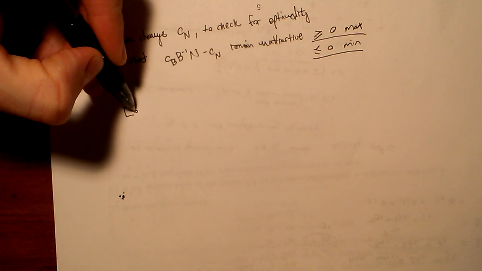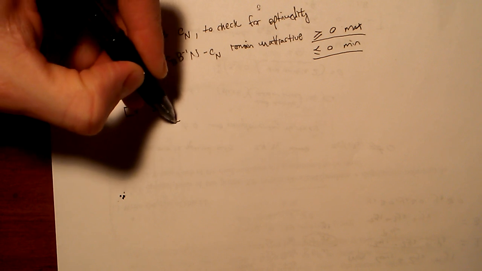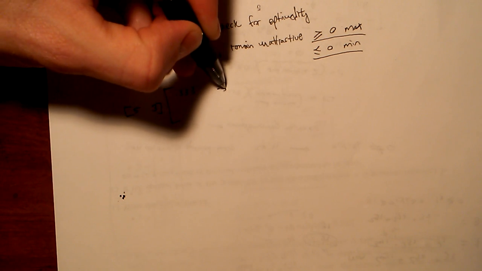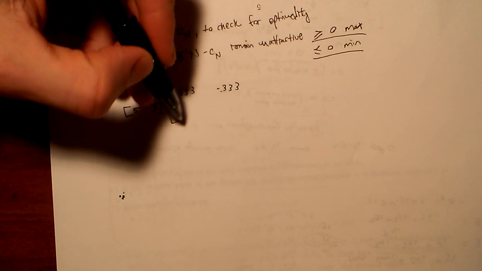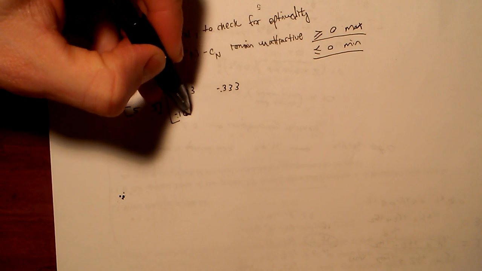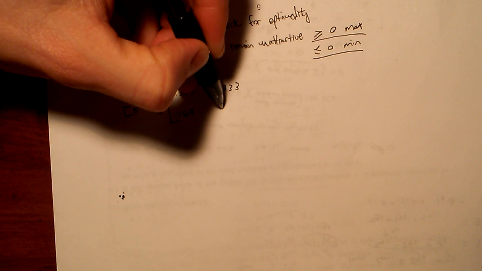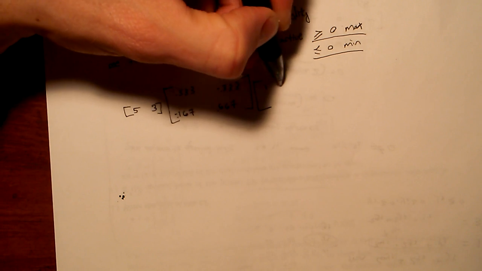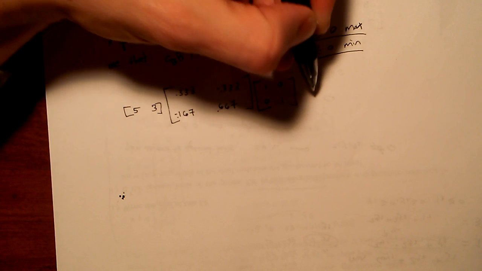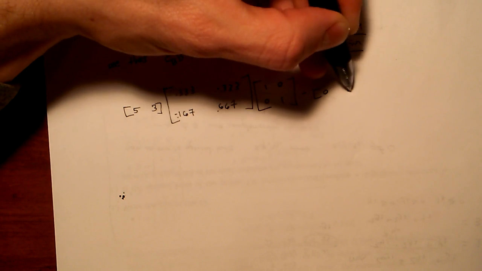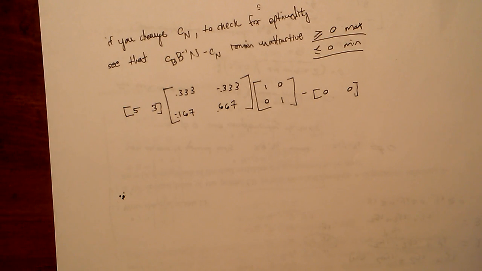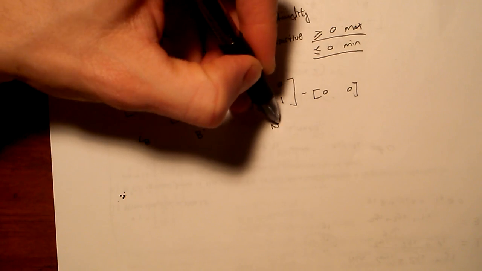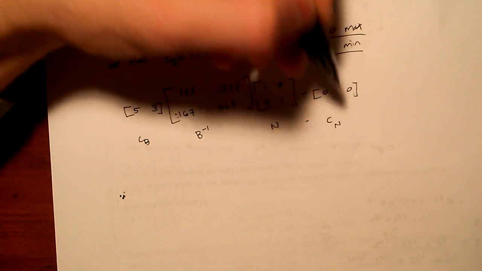So first C sub B, then B inverse, B inverse was like that. And then in this problem, N and C sub N were pretty convenient, just the identity matrix and 0. So that was C sub B B inverse N minus C sub N.